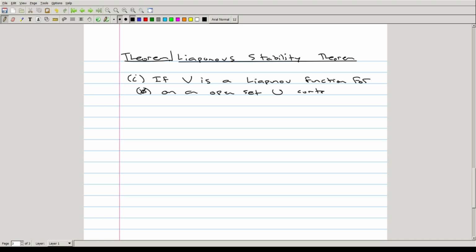containing an equilibrium point xi star, then xi star is stable.